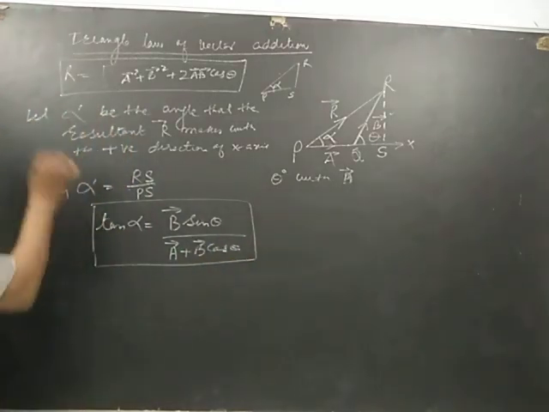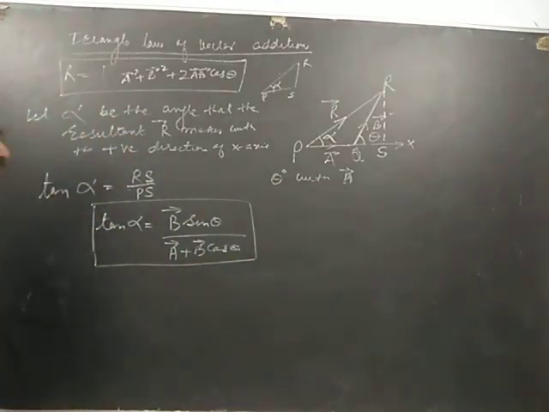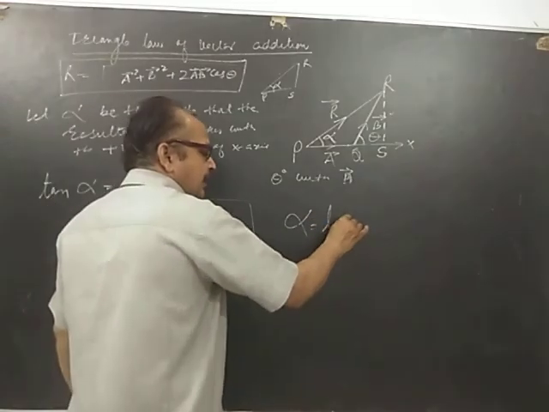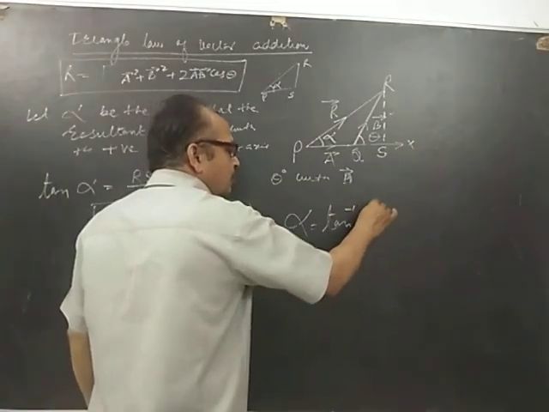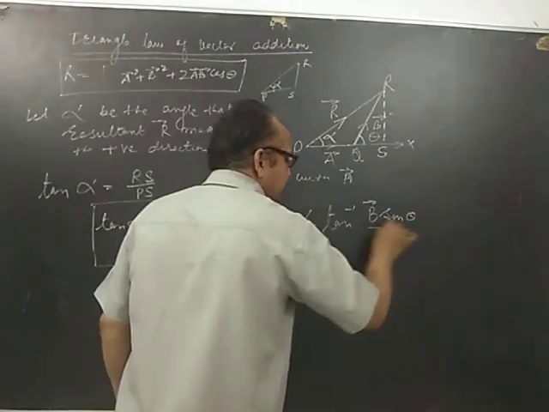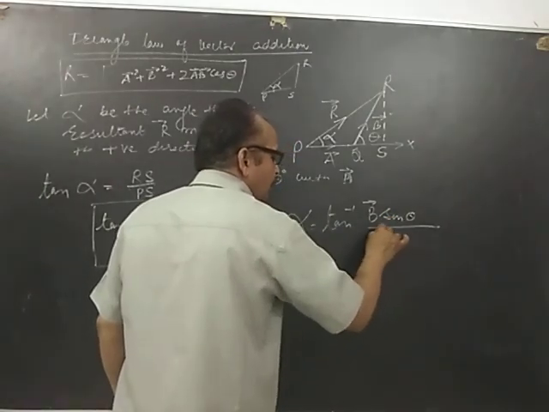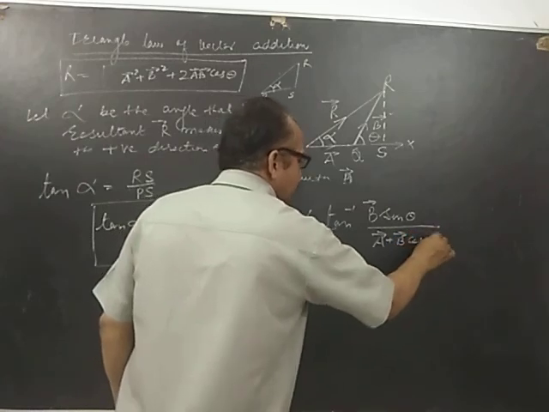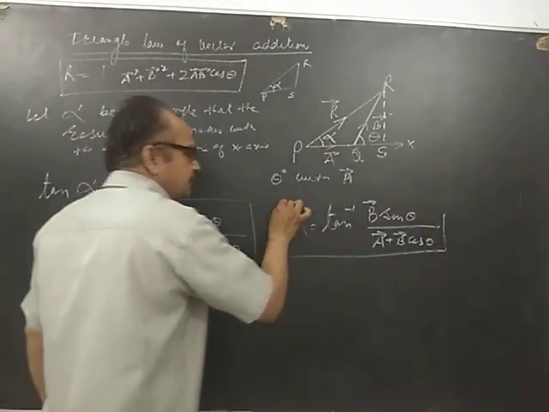This is the value of the angle. So if you want to find alpha, it is very simple. Alpha will be equal to tangent inverse of B sine theta over A plus B cos of theta.